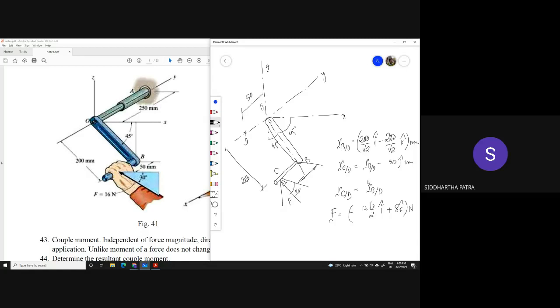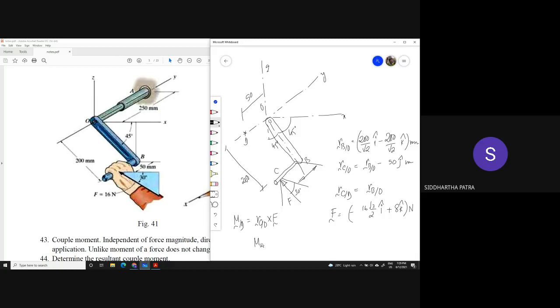Okay, so what you can do is you can try to get the moment of the force about point D, which would be r cross F, and then take the dot product of the same with j.